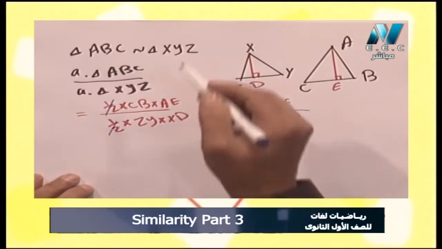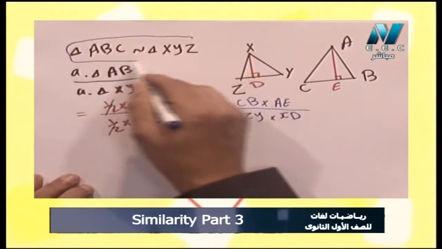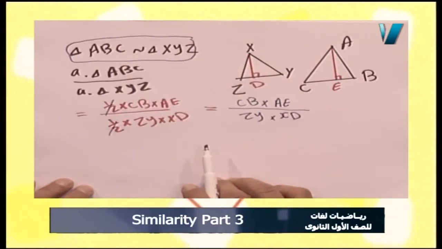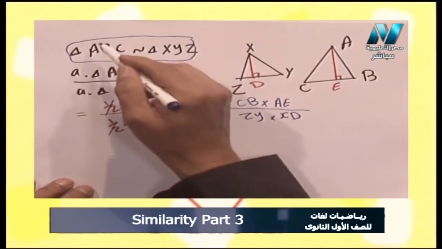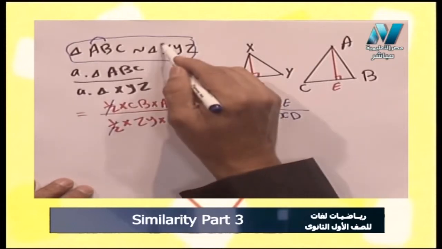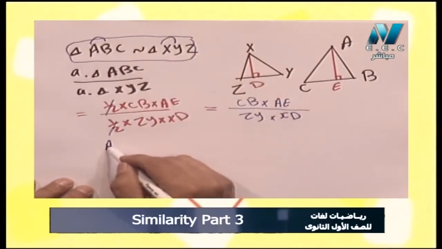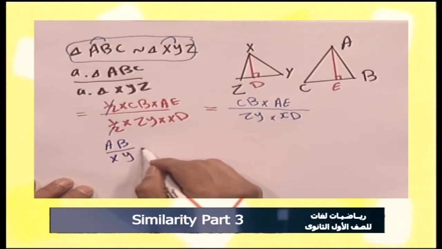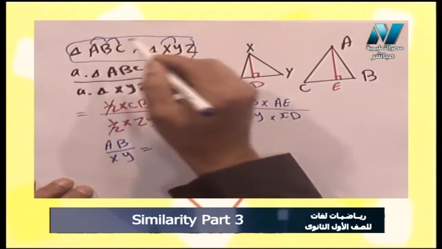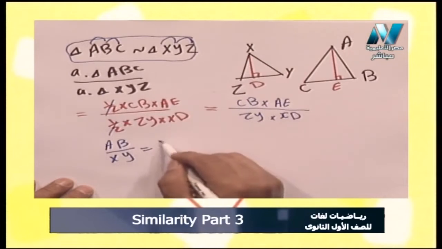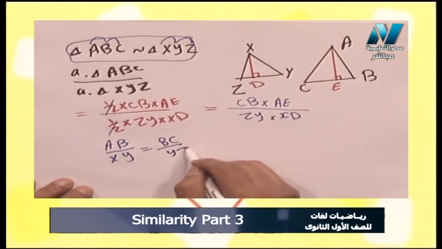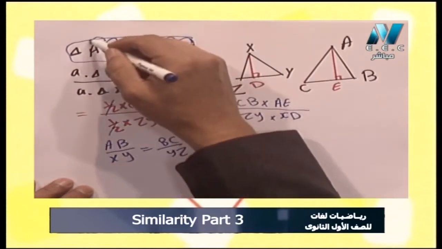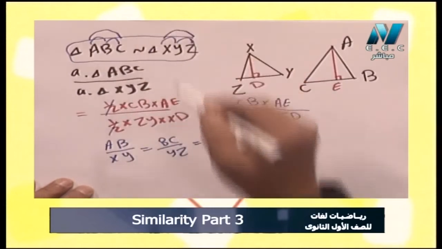Okay, and we know that the two triangles are similar here, so we can write their ratios: AB over XY equals BC over YZ equals AC over XZ.